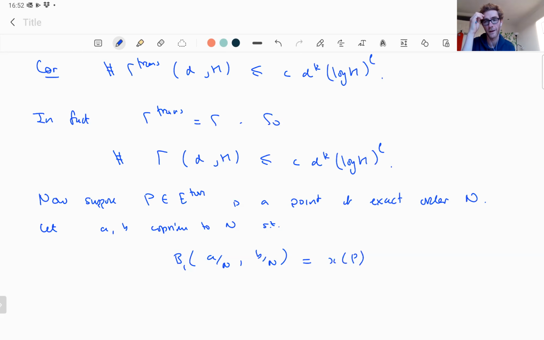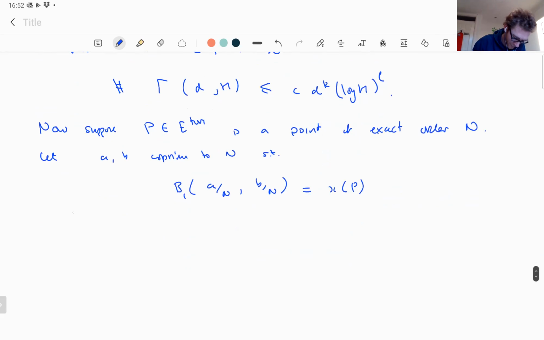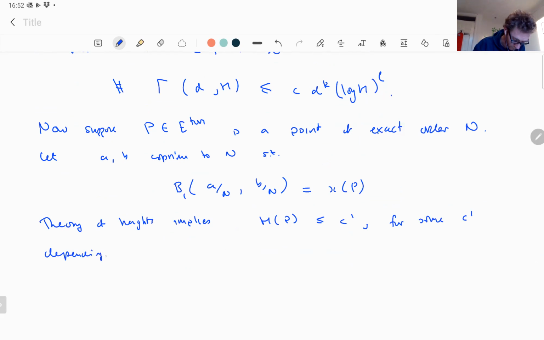So the theory of heights implies h of p is less than or equal to some c prime, where c prime is just a constant depending on E, but not n. That's the point.